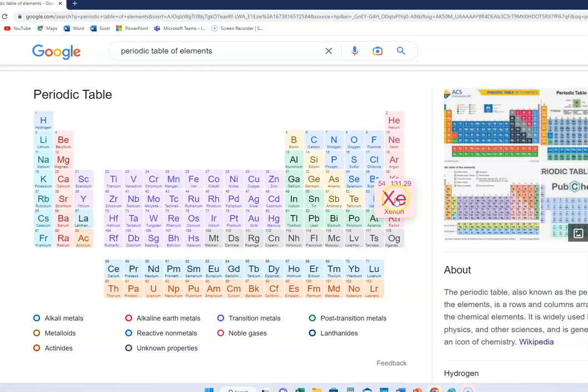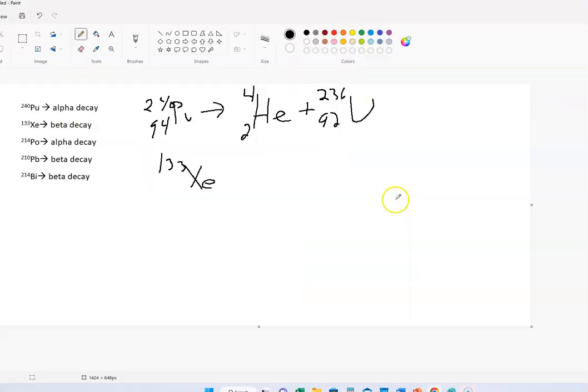So xenon is element 54. So that's the subscript. The reason you don't have to put the 54 is because the 54 and the capital XE mean the exact same thing, right? Element 54 is xenon.